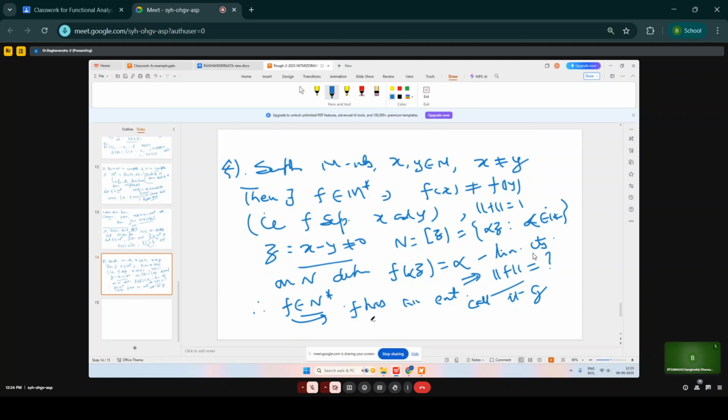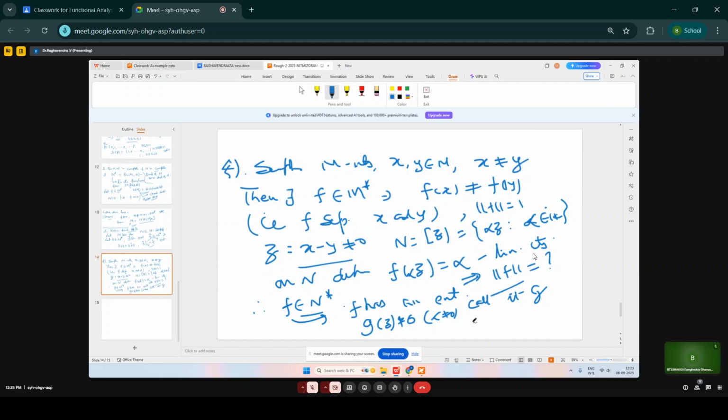Then g of z is non-zero because alpha is non-zero.